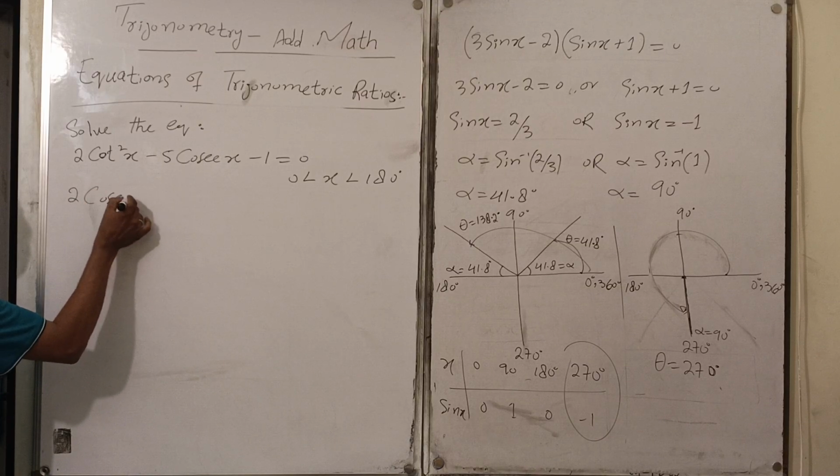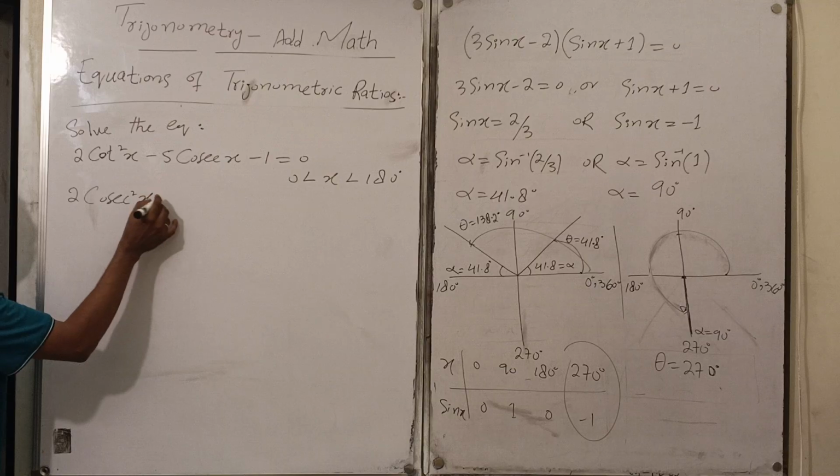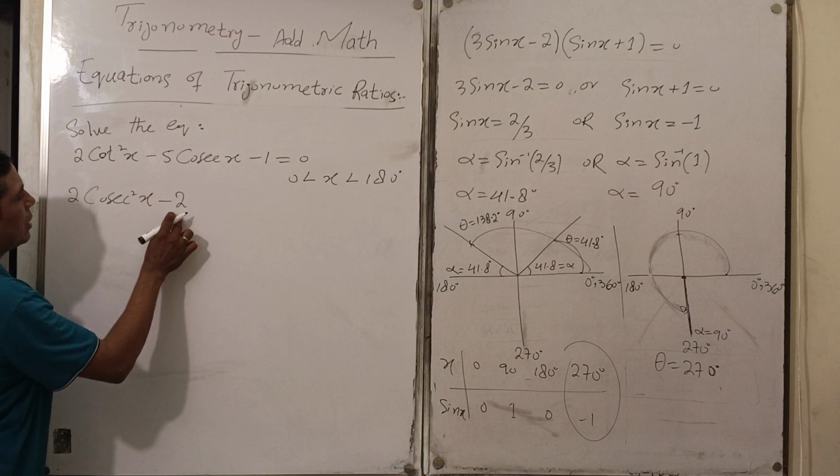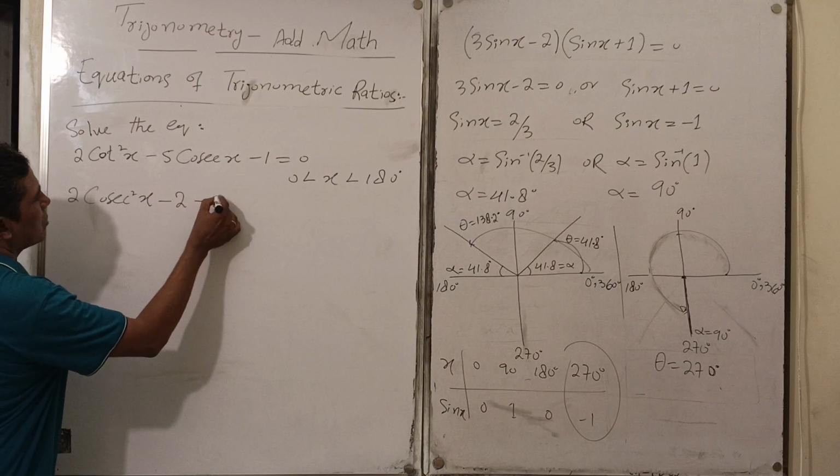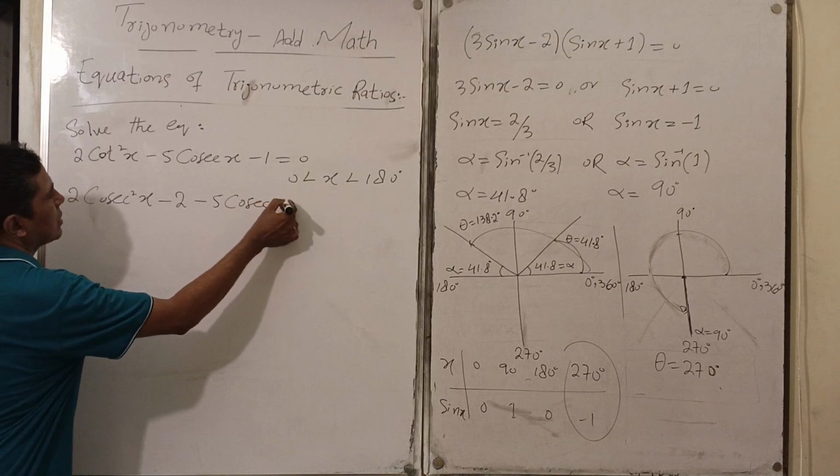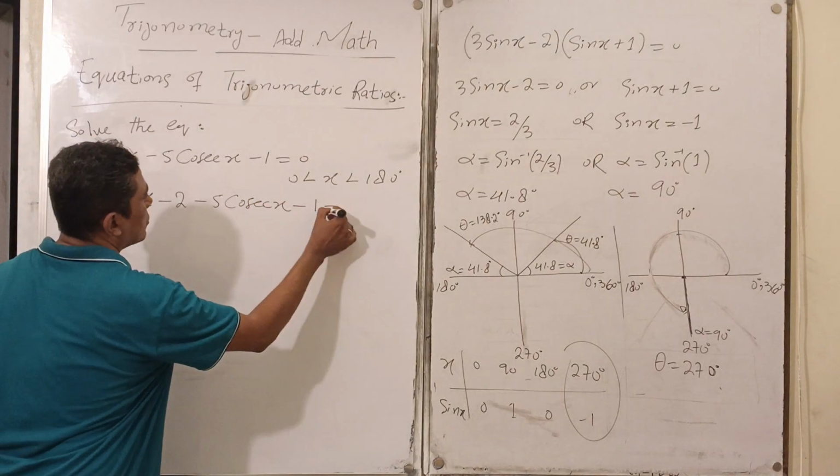So 2 cot square x becomes 2 cosec square x minus 2. Am I right? And minus 5 cosec x minus 1 equal to 0.